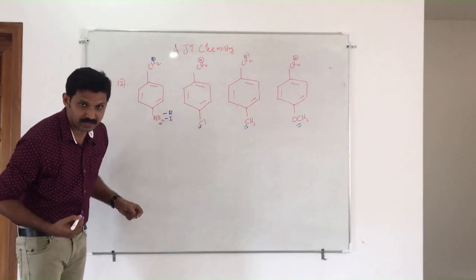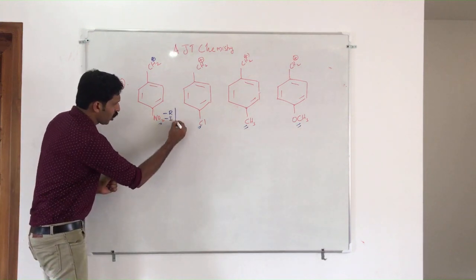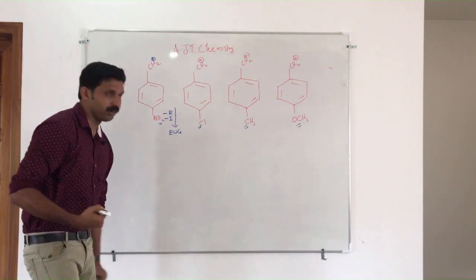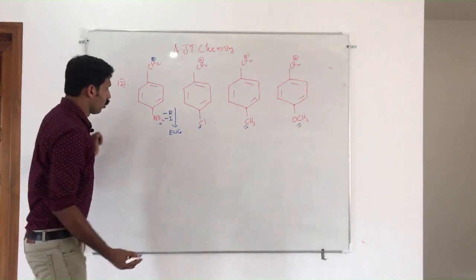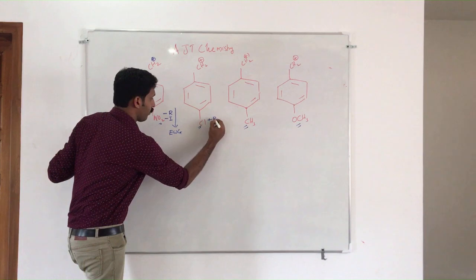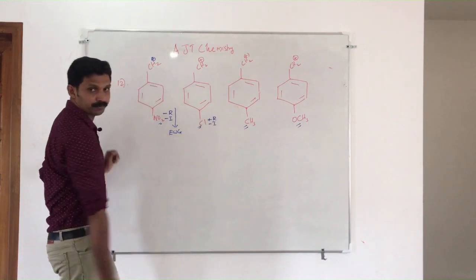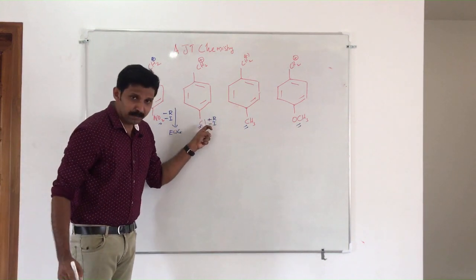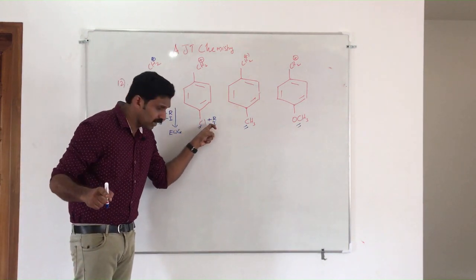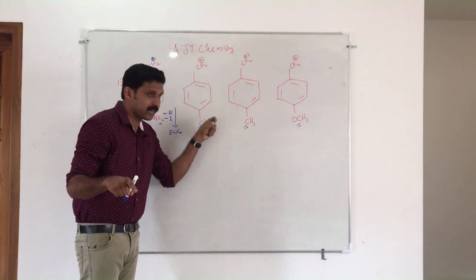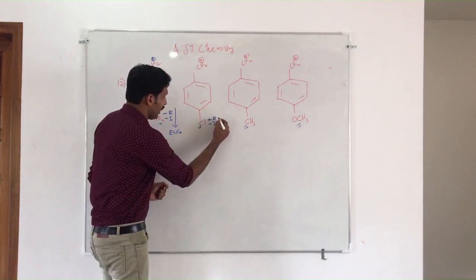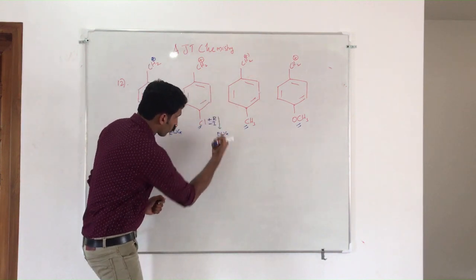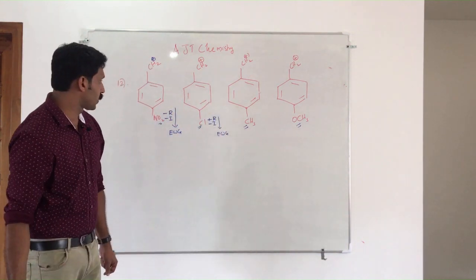Hence the total is that it is an EWG, that is, electron withdrawing group. Chlorine has a plus R effect and minus I effect, but here the inductive effect is a little bit stronger than the resonance effect, and the net effect is again EWG, electron withdrawing group. Chlorine is again an electron withdrawing group.